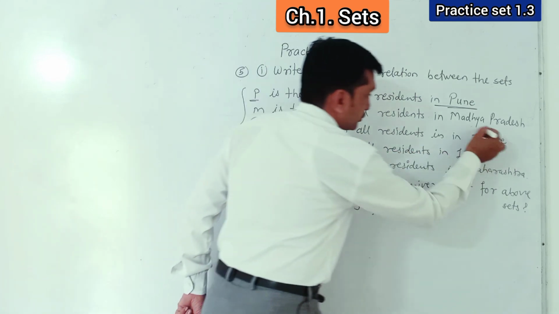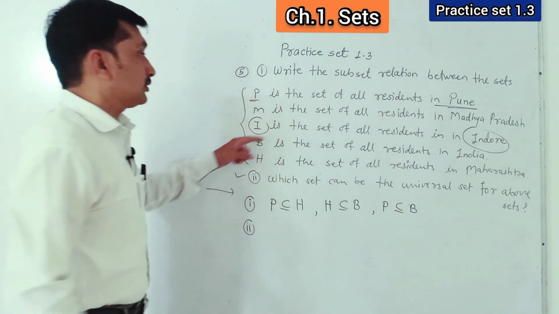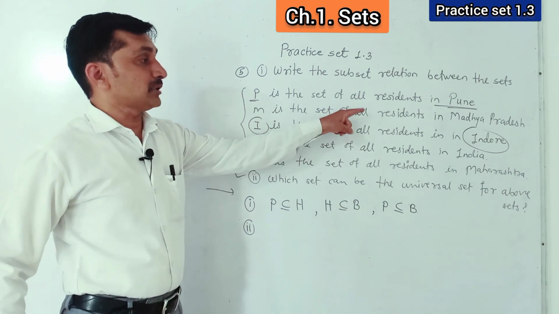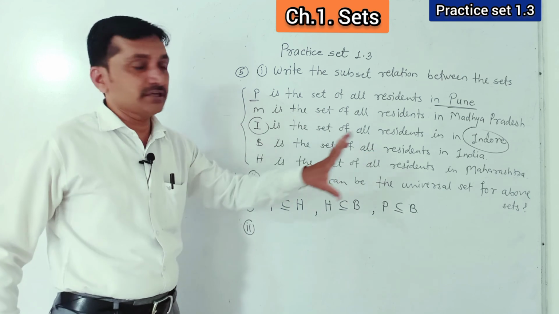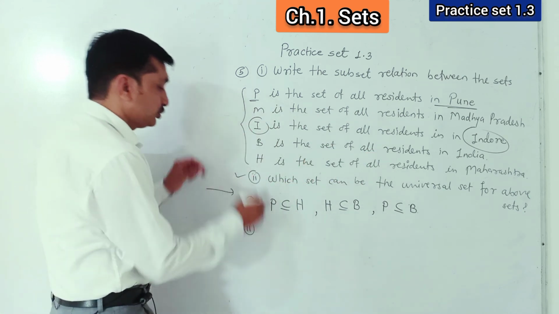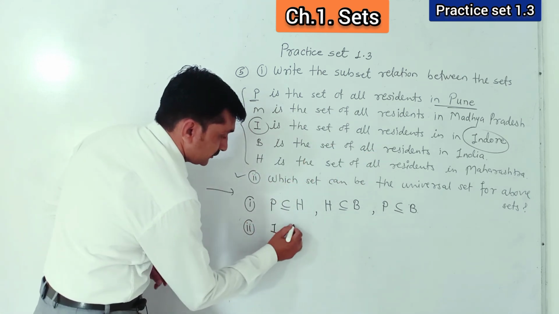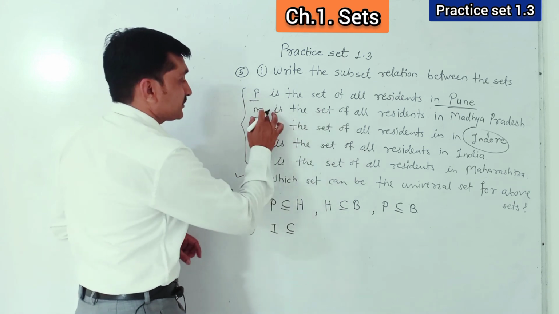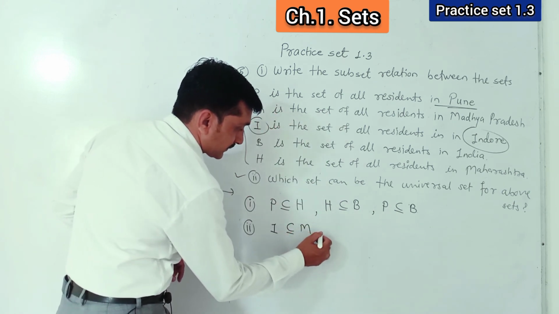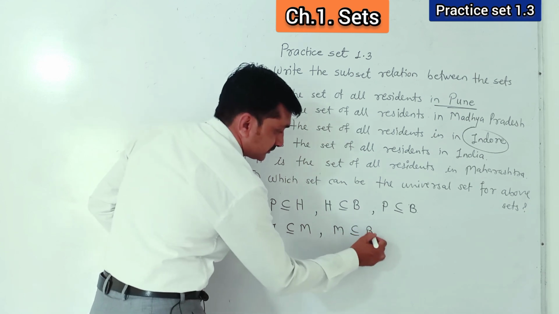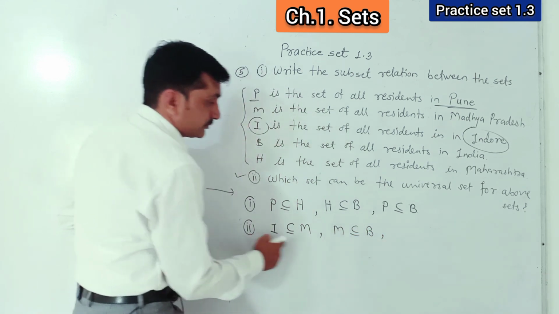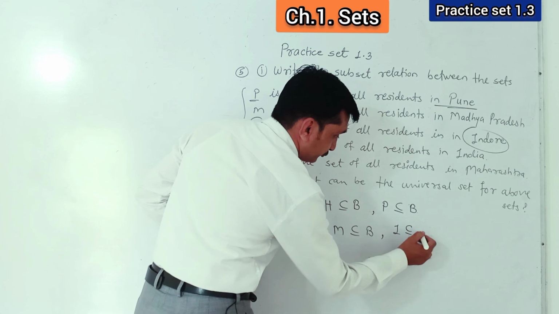Now Indore is in Madhya Pradesh, which is in India. Same relation for Indore: I is a subset of M, Madhya Pradesh is a subset of India, and Indore is a subset of India.